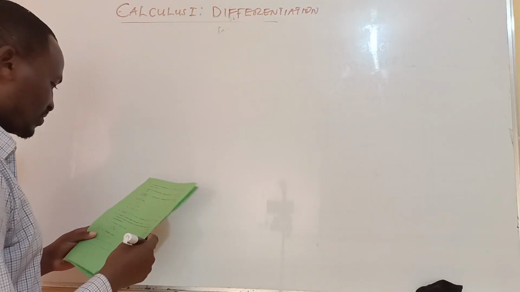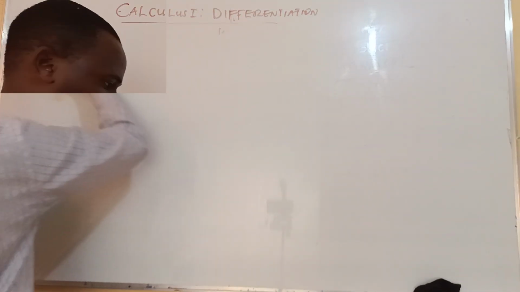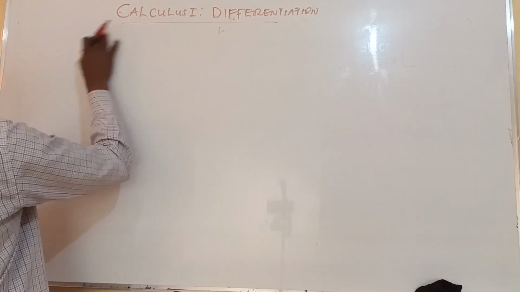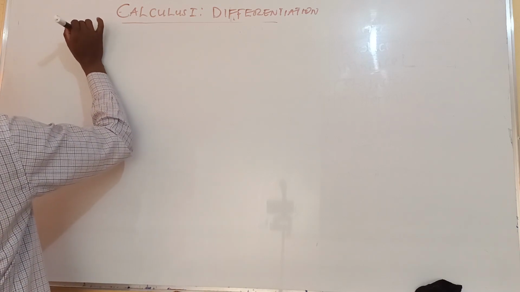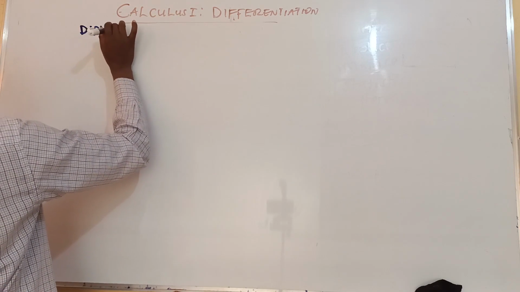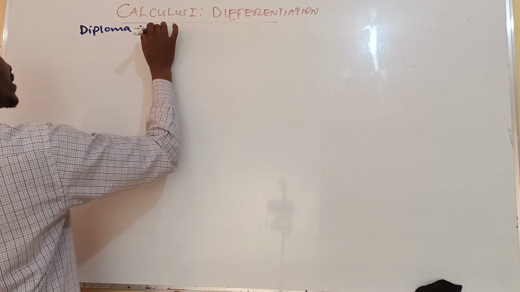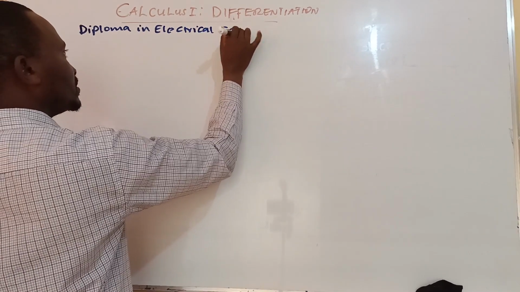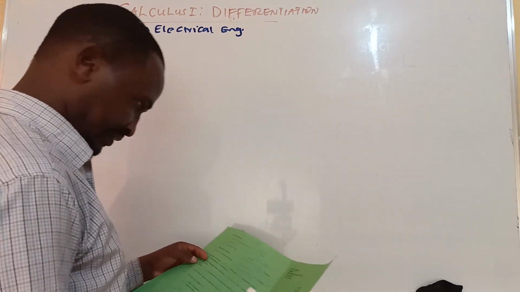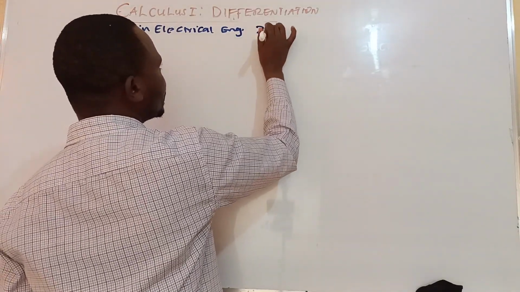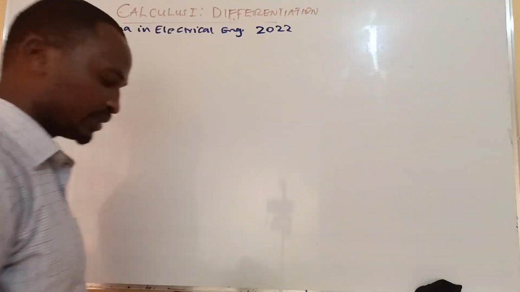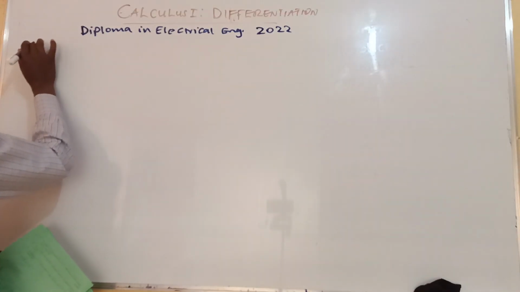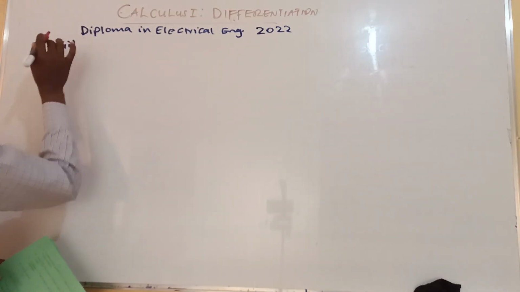Now let us do another example on product rule. This is from a Diploma in Electrical Engineering past paper, year 2022, not 2020, question 2A part 2.